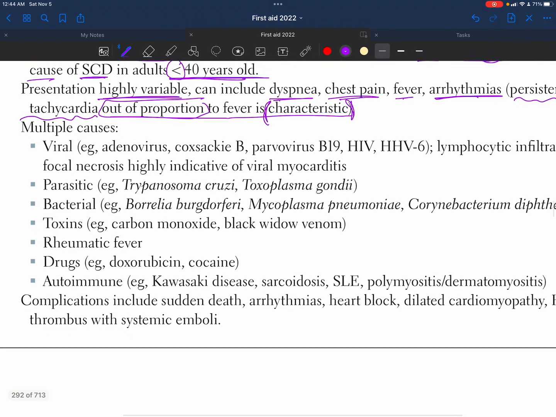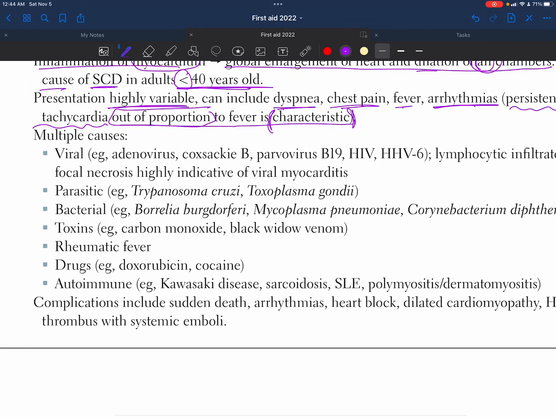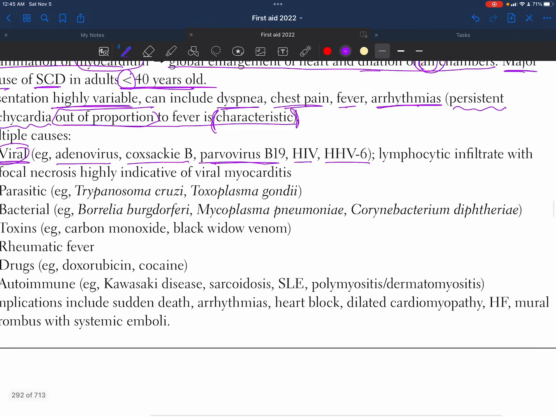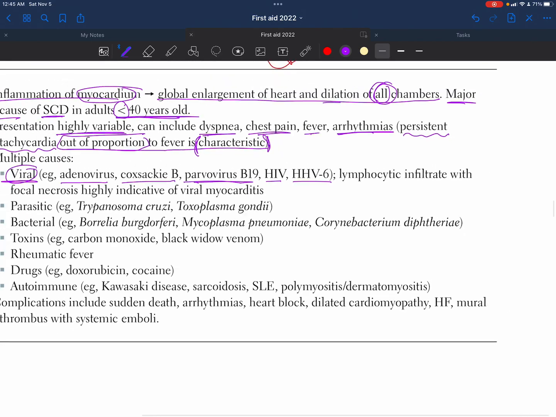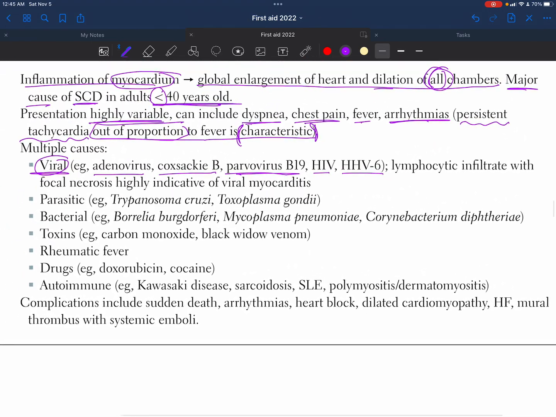So the multiple causes of myocarditis are, first, it could be viral, like adenovirus, Coxsackie B virus, and then parvovirus B19, HIV, HHV6. Okay, so that's the viral, and we can also have lymphocytic infiltrates with focal necrosis, highly indicative of viral myocarditis.